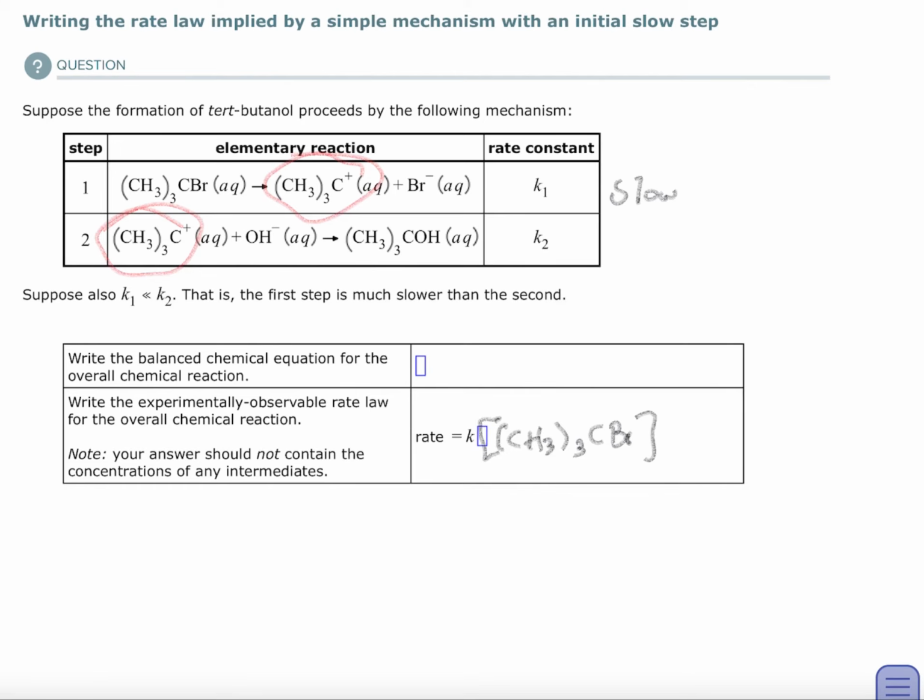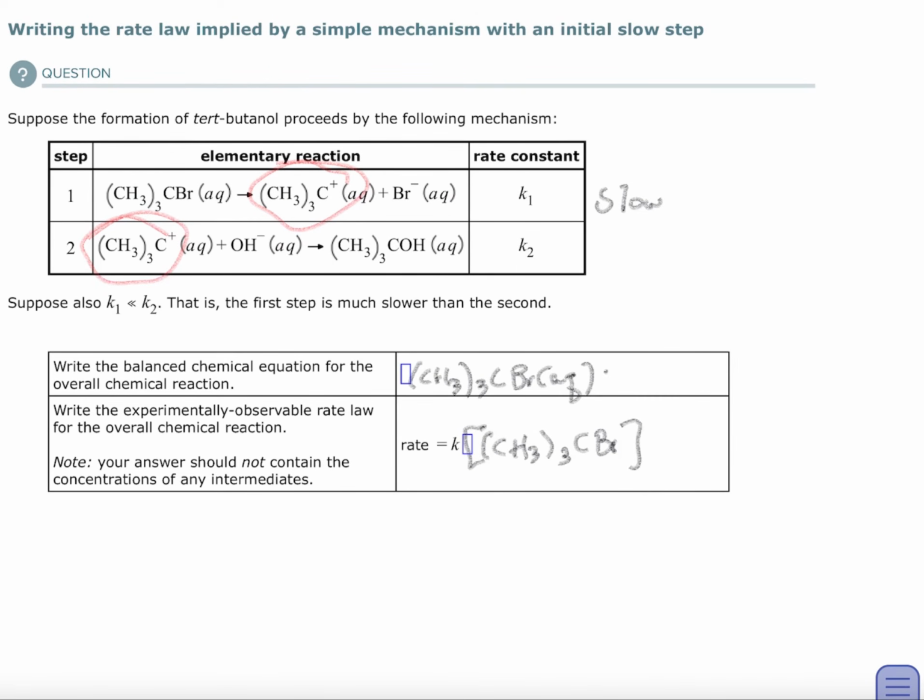So if it's a liquid or a gas or aqueous, you need to include that. So this is simply going to be the (CH3)3CBr, and you need to include that it's aqueous, plus the hydroxide, which is from step 2. So this is OH⁻ aqueous, and then that's everything that's on the left.